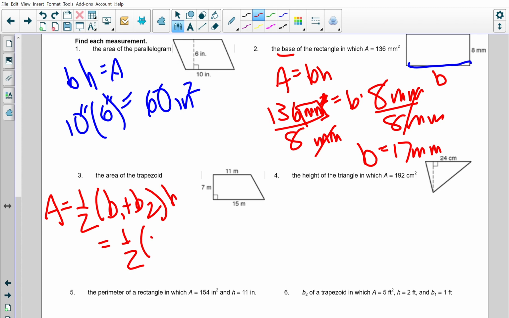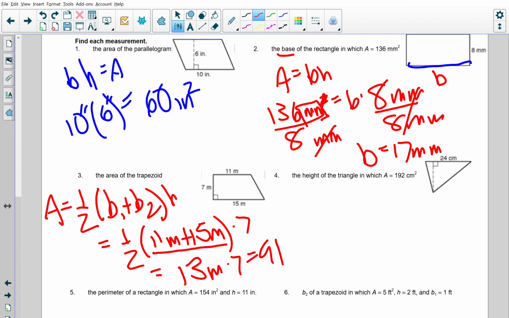Base 1 plus base 2 times 7. What's that equal? This equals 26. And half of 26 is 13. And 7 times 13 is 91 meters squared. My bad.